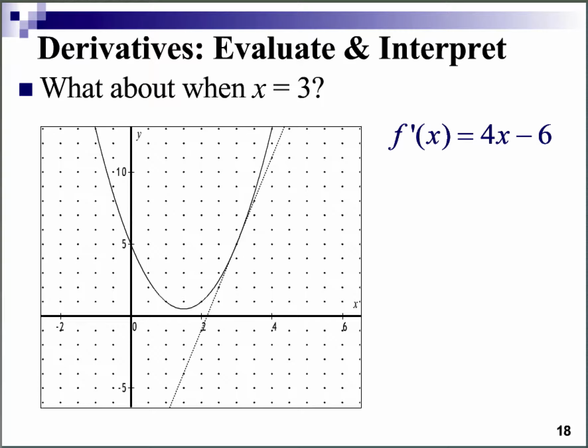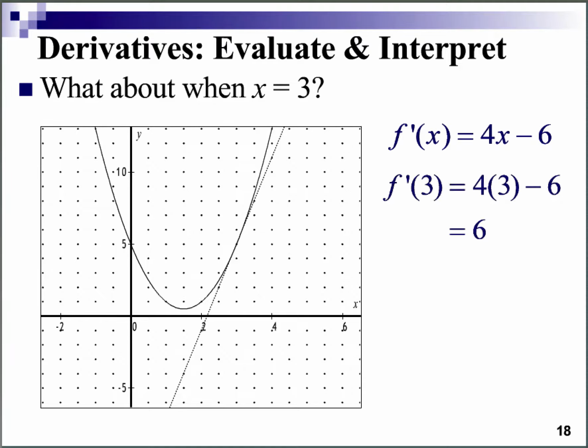So if I want to find the slope of the tangent line, the instantaneous rate of change at x equals 3, then all I have to do is evaluate that derivative function when x is equal to 3. And so that's what I do here. 4 times 3 is 12, then 12 minus 6 gives me 6.